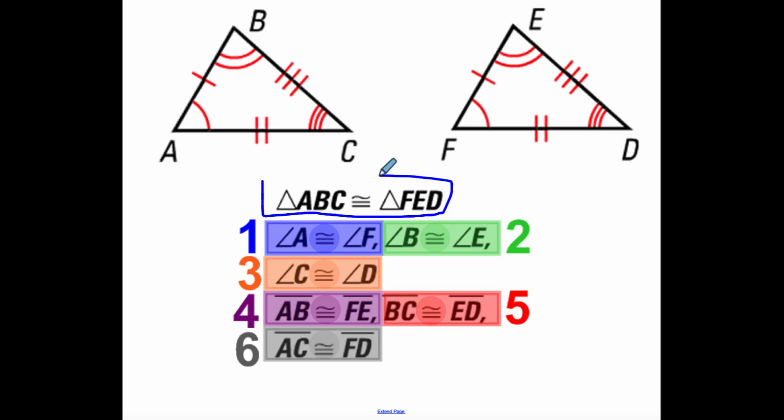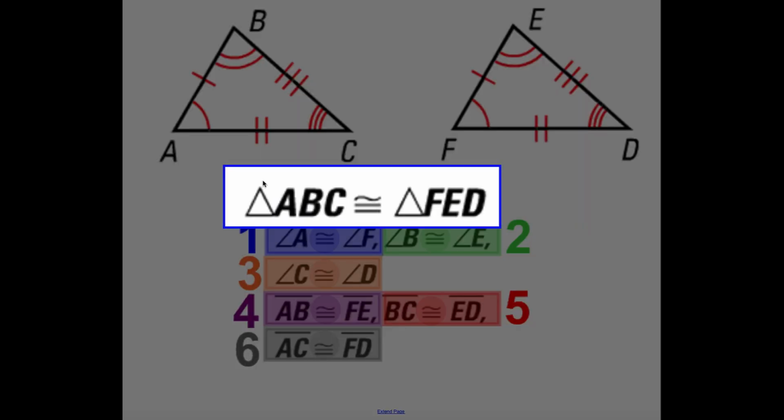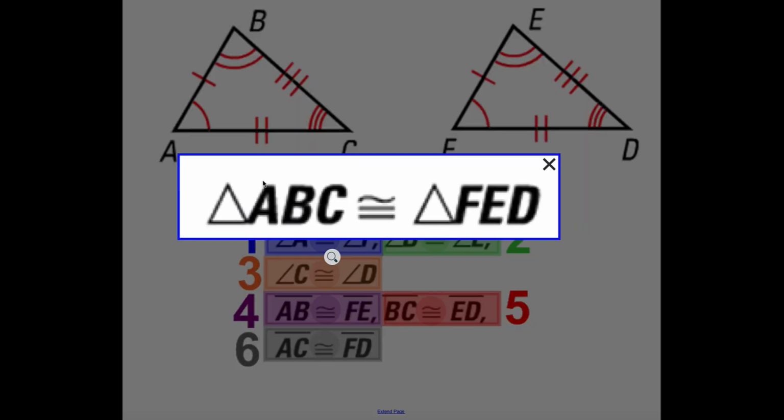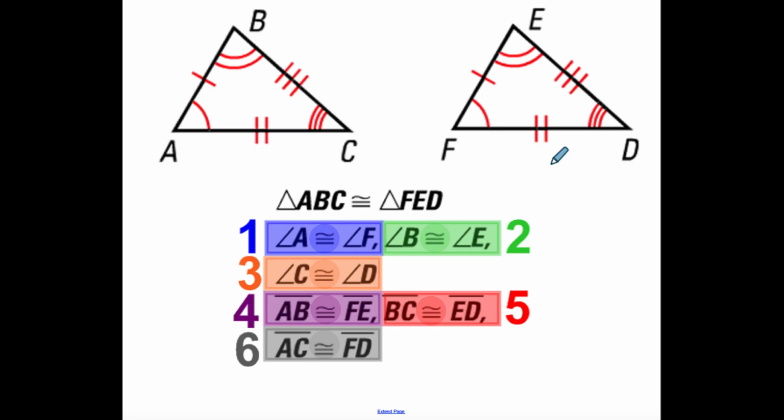Okay, you can see the way that the notation looks. Be really observant of the order of the letters. That is huge. Notice that A is the first vertex in the first triangle and F is the first vertex in the second triangle. That's not an accident. What they're telling us when they point that out is that A here has to be the corresponding congruent angle to F here.